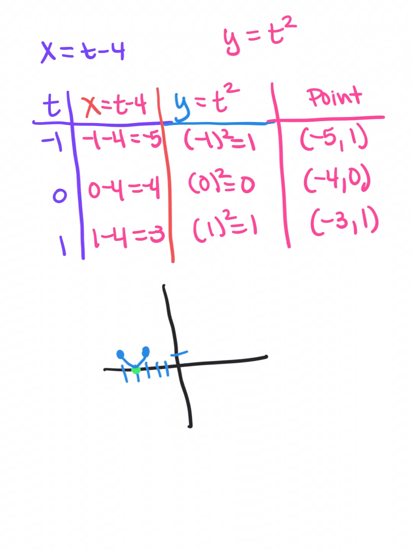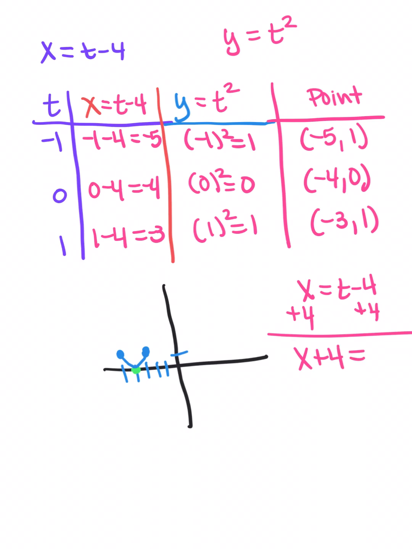And to find the equation, we're just going to substitute. So we have that x equals t minus 4. I'm going to solve for t. So when I add 4, we have x plus 4 equals t. Then we have y equals t squared. And I'm going to substitute for t as x plus 4.